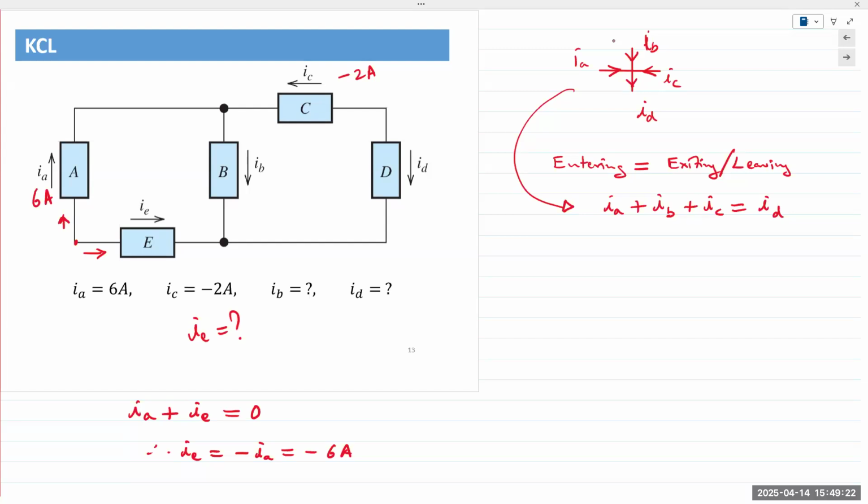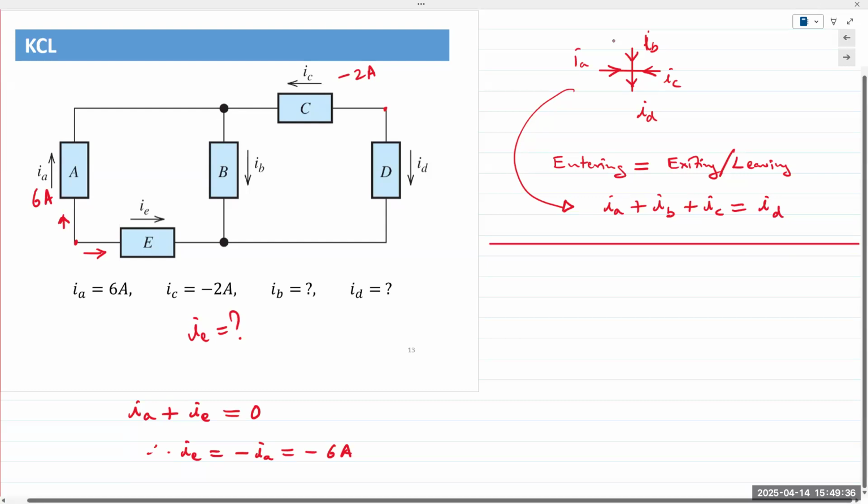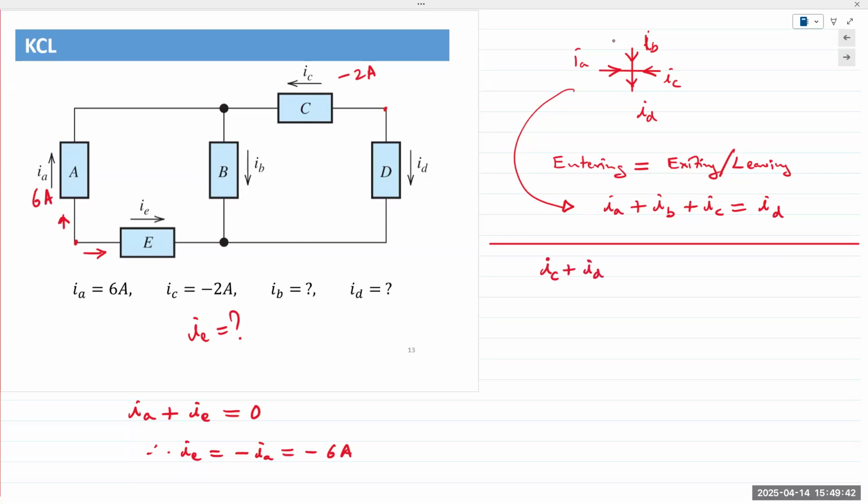And the same thing occurs at the exact opposite corner. We have IC and ID. So I can write IC plus ID is equal to 0.